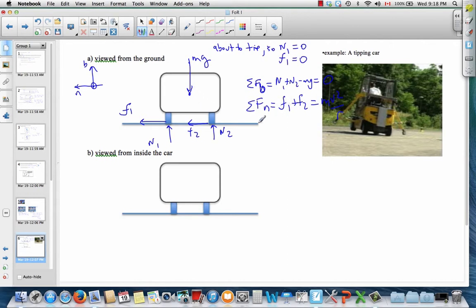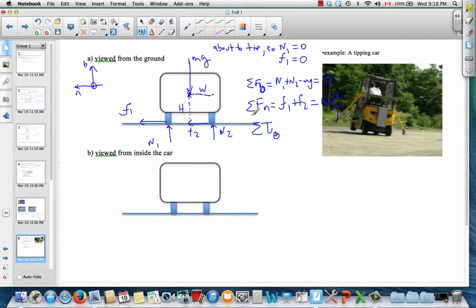We're also going to take moments or torques about the center of mass. So let me put a little x there to indicate that that's the center of mass. If we call this half the width of the car, and this half the height of the car, this will be w, and this will be h.